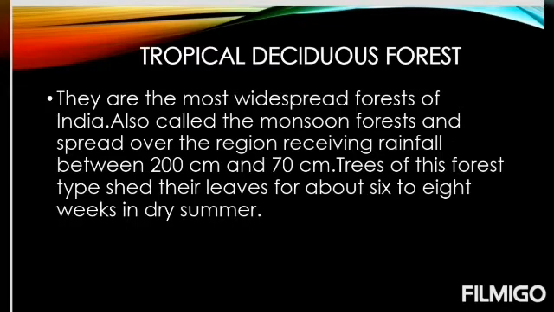This forest is also called the monsoon forest and is spread over the region receiving rainfall between 200 cm and 70 cm. Trees of this forest type shed their leaves for about 6 to 8 weeks in dry summer.